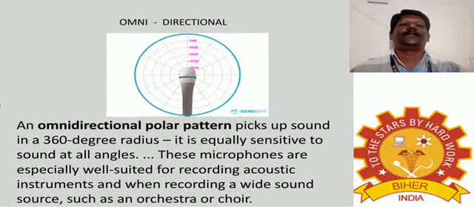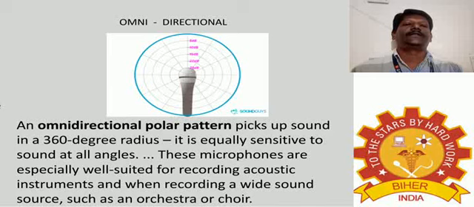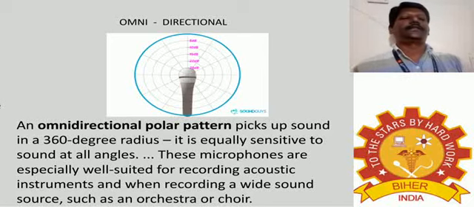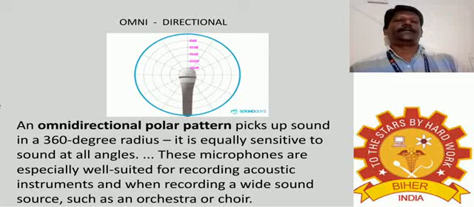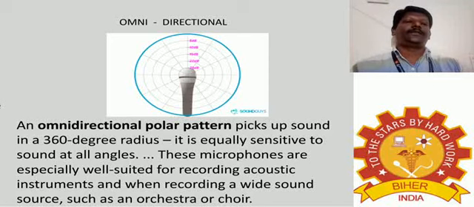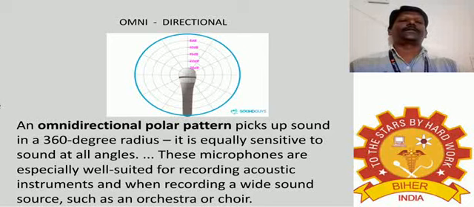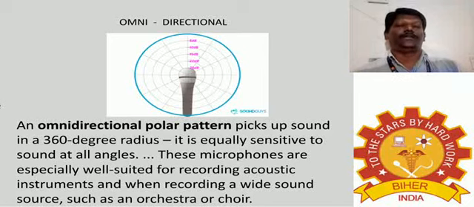Then omnidirectional. In this type of polar pattern, the microphone is sensitive to sound from all directions, which means it is sensitive to sounds from 0 to 360°. This type of polar pattern is mostly used for chorus recording or group instruments like group violins.